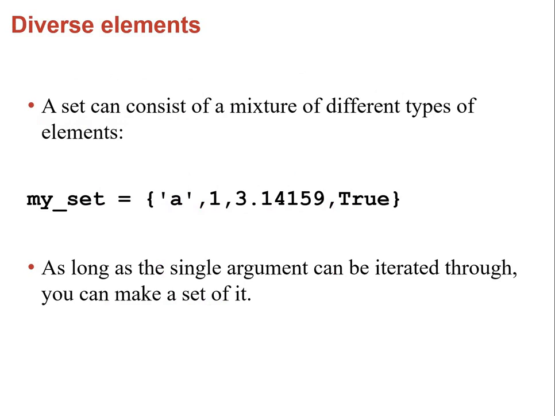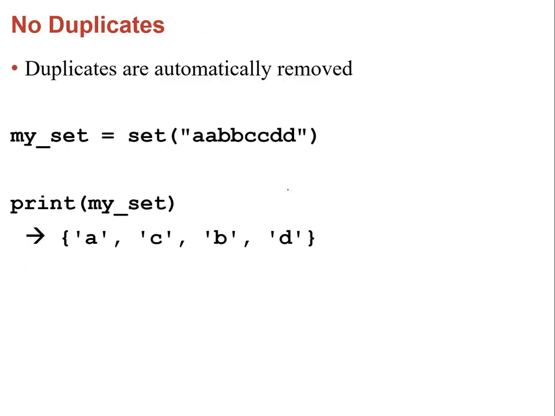As I said, Python allows any type of object in a set. So this is a string, these two are numbers, an integer and a real number, and this is a Boolean. That's something interesting that you can do in Python. Now, as we saw, there's no repetition in a set.